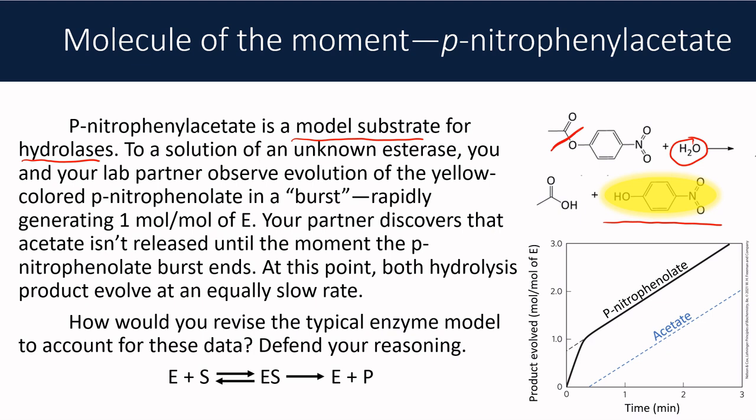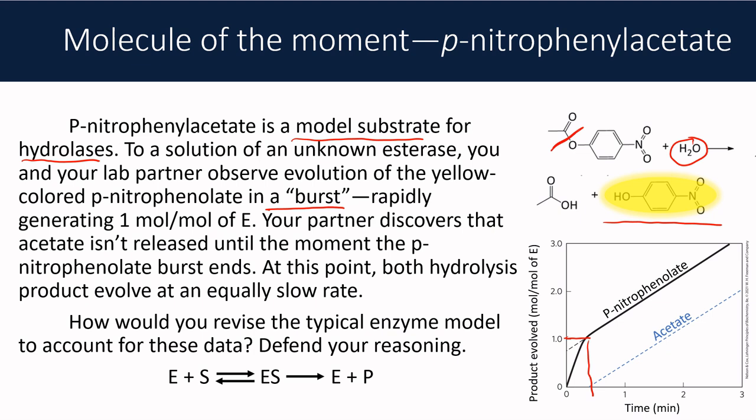So to a solution of an unknown esterase, you and your lab partner observe something interesting. You observe the generation of yellow-colored para-nitrophenolate in a burst pattern. You rapidly generate 1 mole of it for every mole of enzyme within an initial period, shown over there.